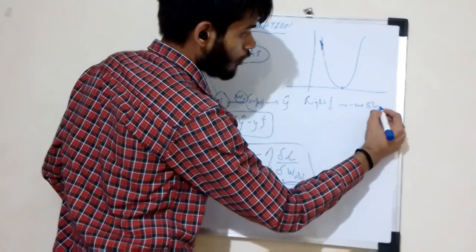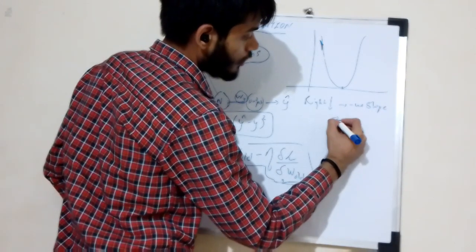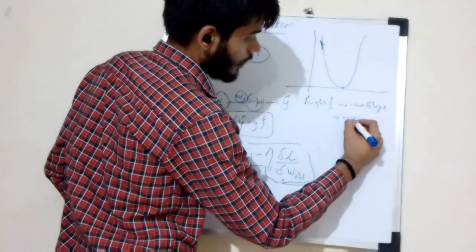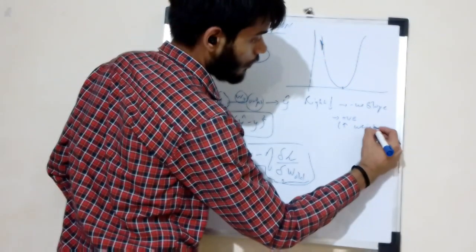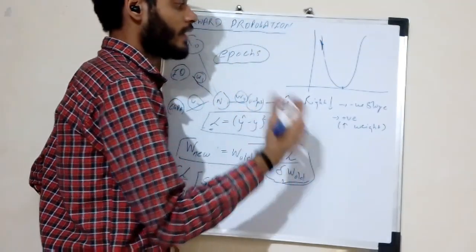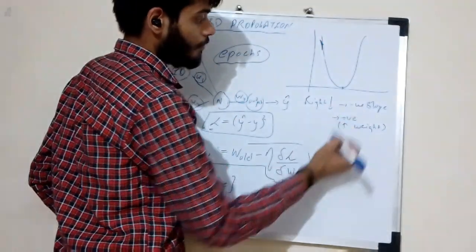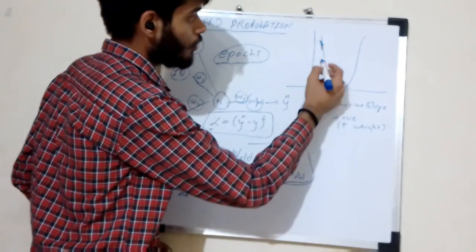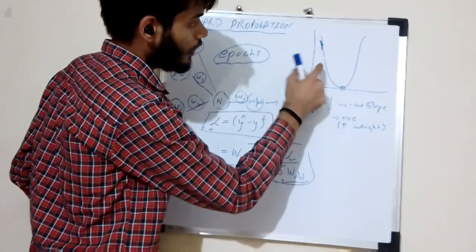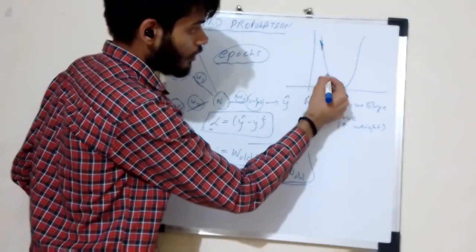If the slope is negative, we need to increase the weight, because to come to this global minima we need to increase our values.